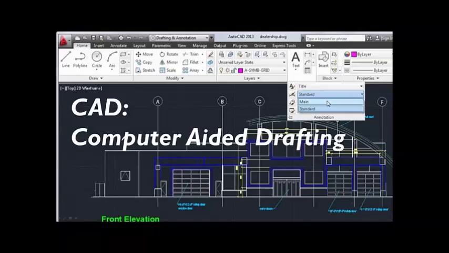It's an accurate way to measure out and depict what it is that the building's going to be.